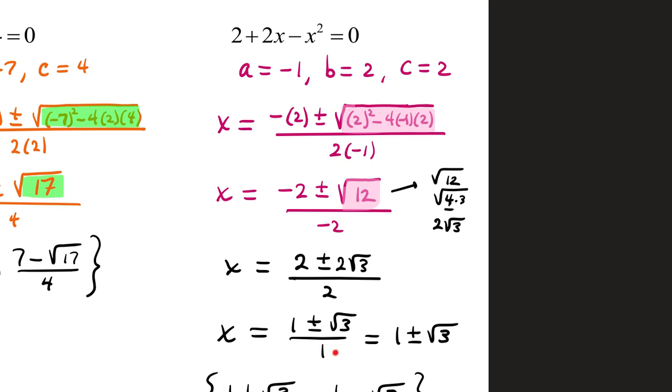A denominator of 1 does not have to be written, so this actually simplifies all the way down to 1 plus square root of 3 and 1 minus square root of 3. These are your two answers. This original problem doesn't factor with whole numbers, so the answers are going to look pretty ridiculous. 1 plus square root of 3, 1 minus square root of 3. Those are the two solutions to this particular equation.